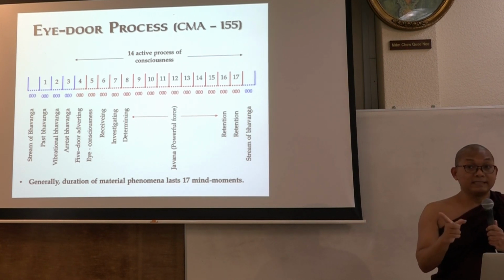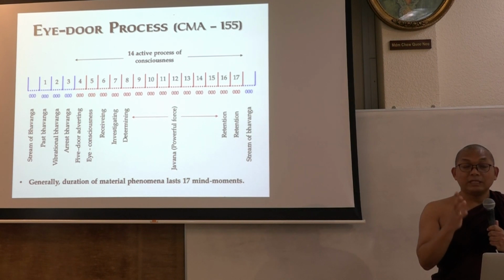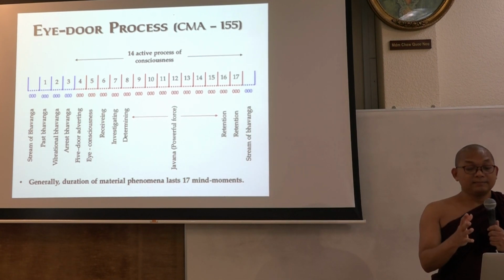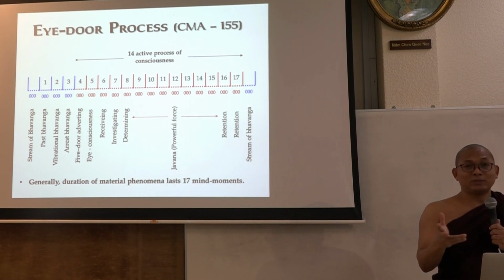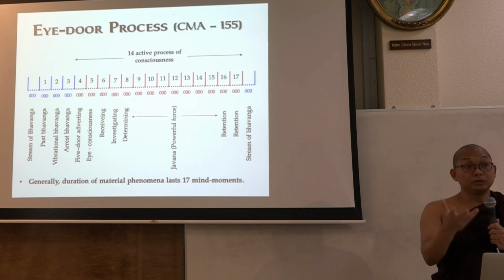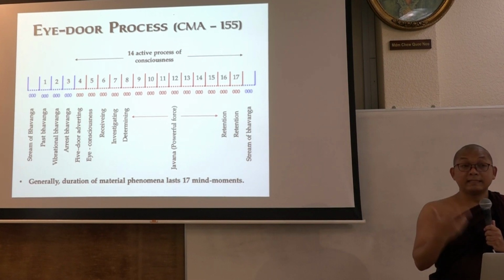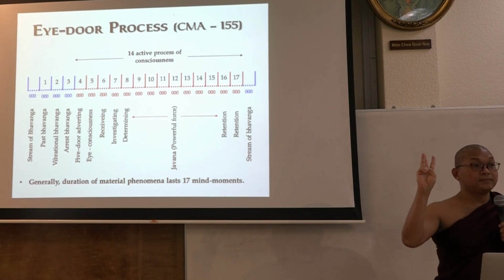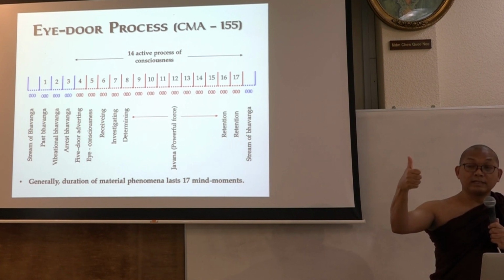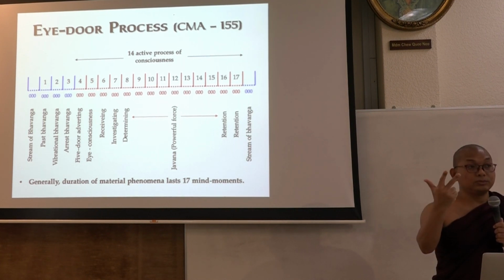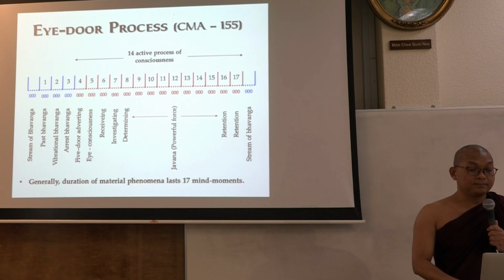Another type of investigating. Another one is when your mind is investigating an extremely pleasant object, very attractive, the person you love very much. That is another type of investigating. So investigating consciousness, three types, right? Unpleasant one, akusala one, kusala two, right? Kusala two. Later we have to learn.